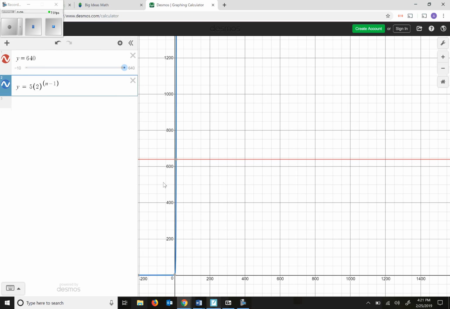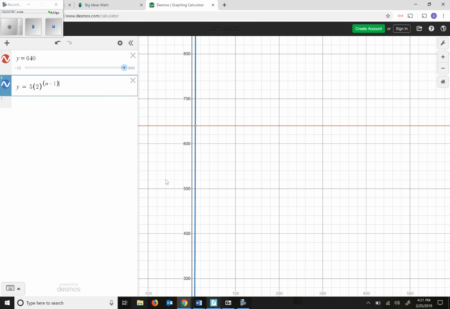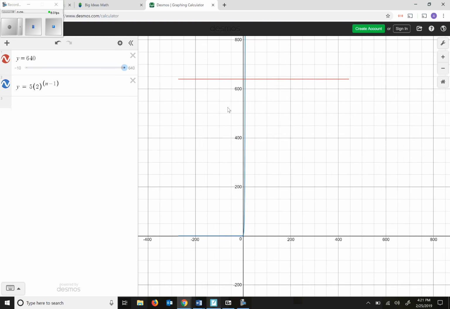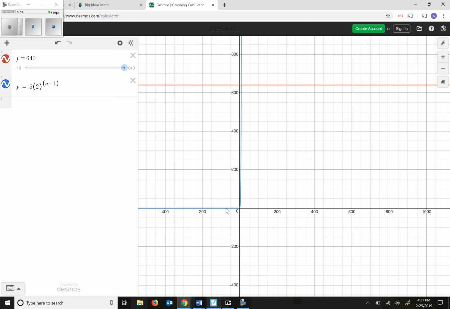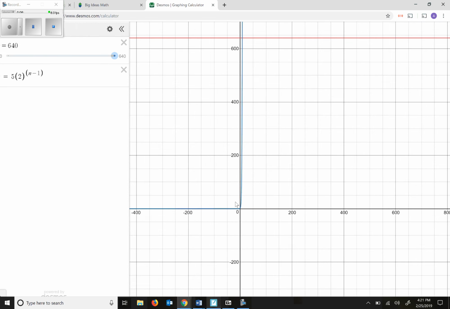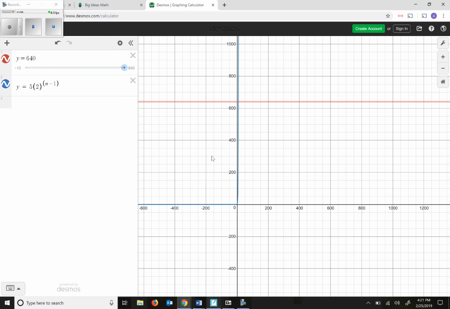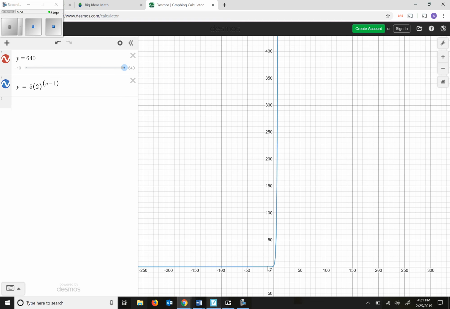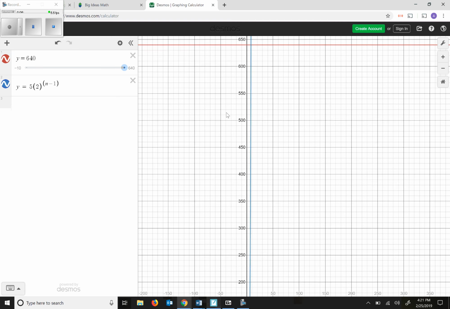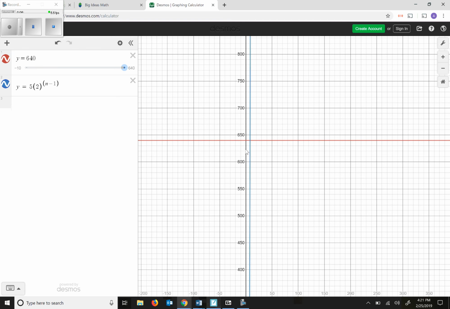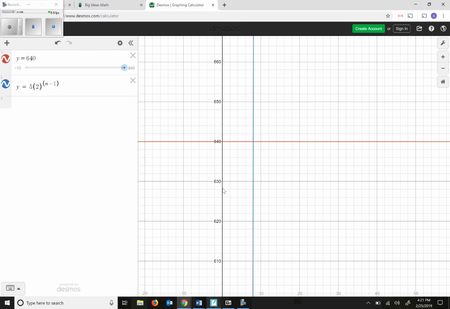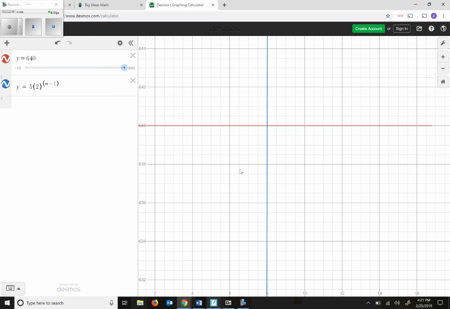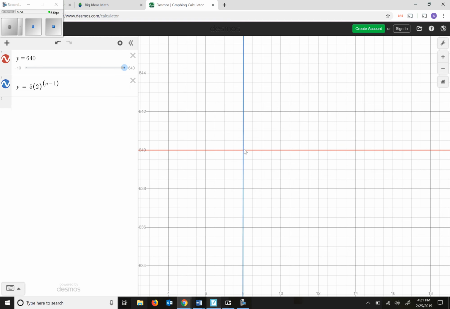Now we talked about today how geometric sequences turn out to be exponentials, and right now it just looks like it's got a weird bend, but you have to remember that we are zoomed out so far that you can't see the gradual progression of it. You're just seeing a very intense shift of it.